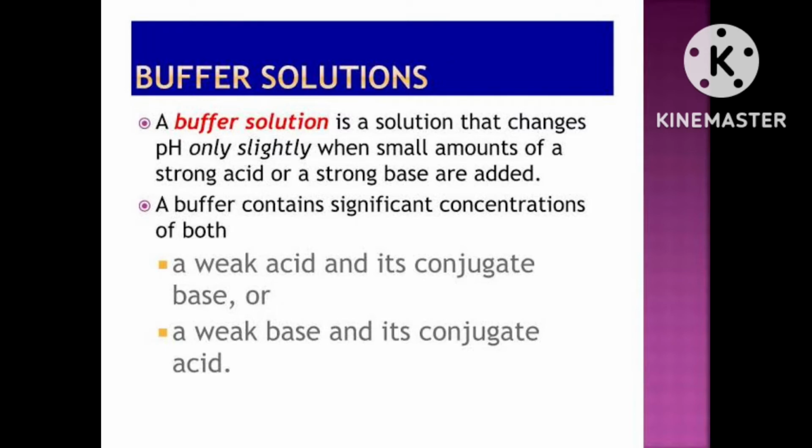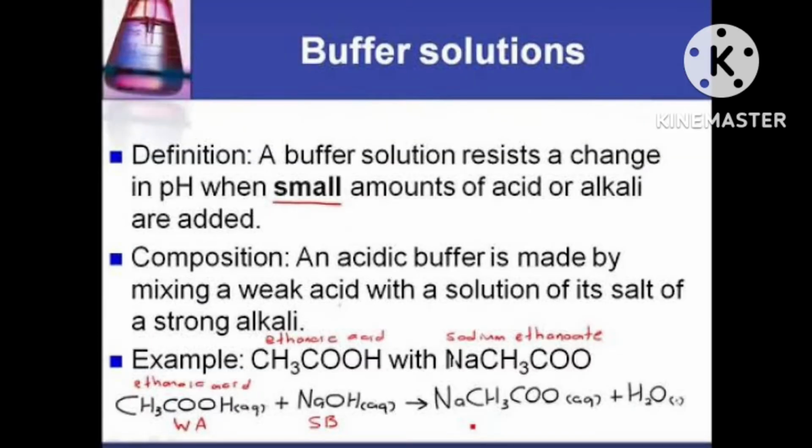The cations, as for example sodium ion, potassium ion, calcium ion, barium ion, etc., of strong bases and anions like chloride ion, bromide ion, nitrate ion, perchlorate ion, etc., of strong acids simply get hydrated but do not hydrolyze.